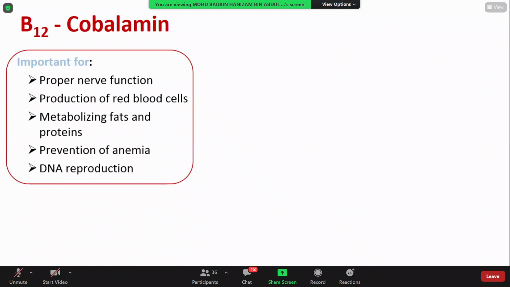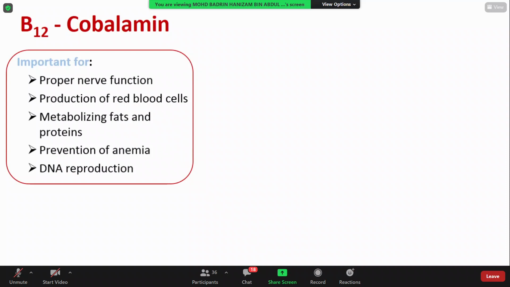So the importance of cobalamins to our body is in terms of proper nerve function, as mentioned earlier in our previous slides. This vitamin B12, adenosyl and methylcobalamin, is responsible for red blood cell formation, metabolizing fats and proteins, and prevention of anemia.